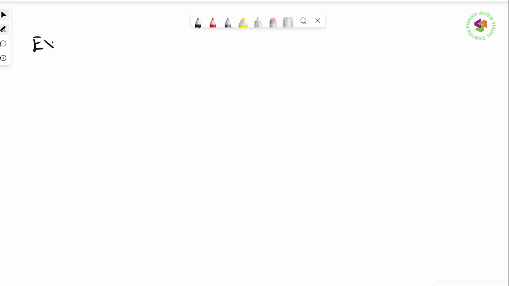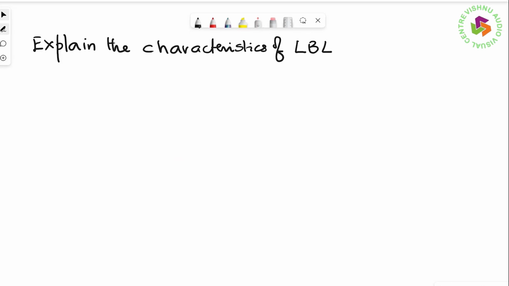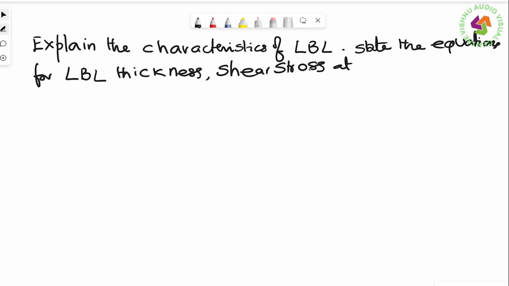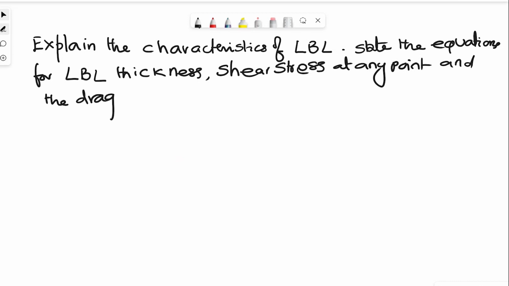First one is explain the characteristics of laminar boundary layer, state the equations for laminar boundary layer thickness, shear stress at any point, and the drag force on the flat plate.